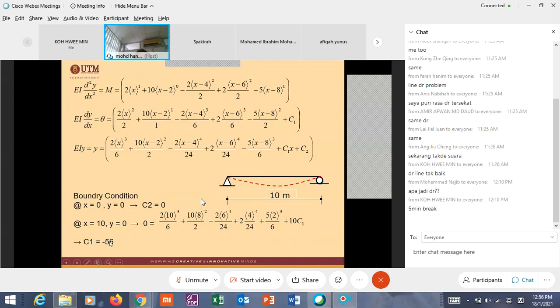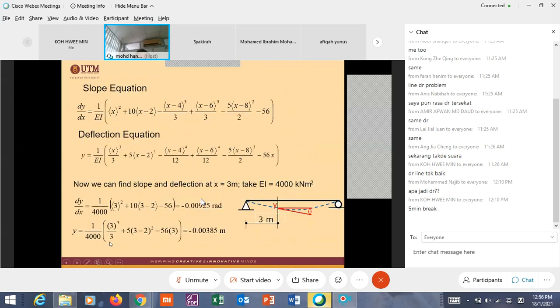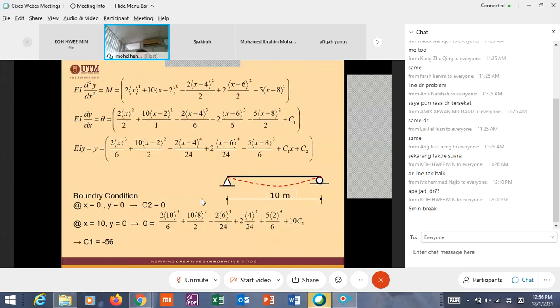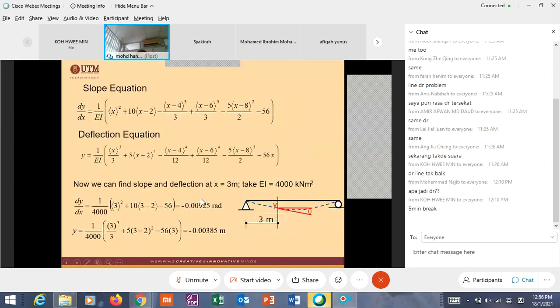Therefore, C1 equal to minus 56 and C2 is equal to 0. And then substitute C1 and C2 into the slope equation and deflection equation. Then you can calculate the slope and deflection at any point.